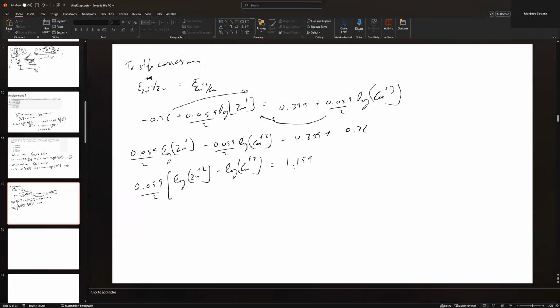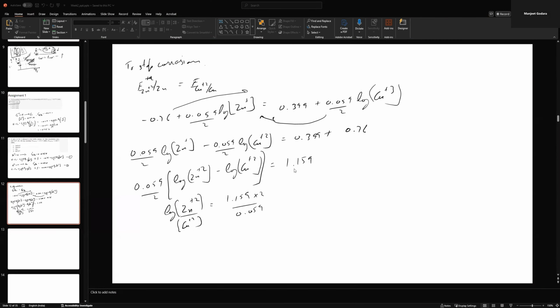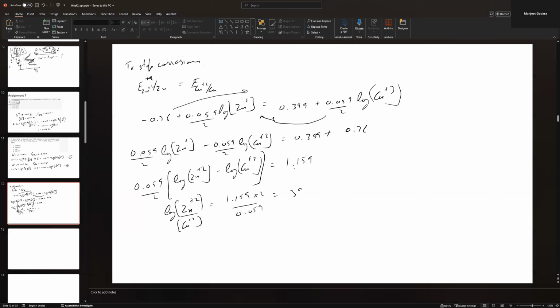Yeah, so log of Zn2+ concentration over Cu2+ concentration is equal to 1.159 into 2 divided by 0.059. This becomes equal to 39.28.